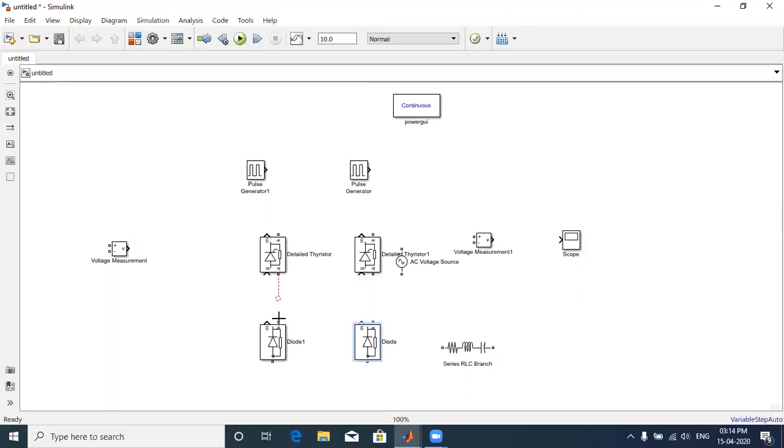Just connect them, anode to cathode, then cathode to cathode connection, and over here anode to anode.